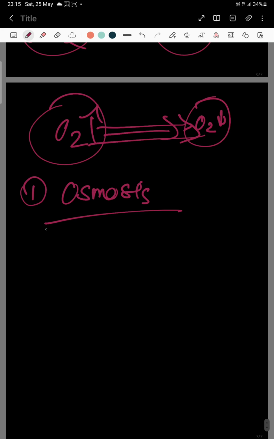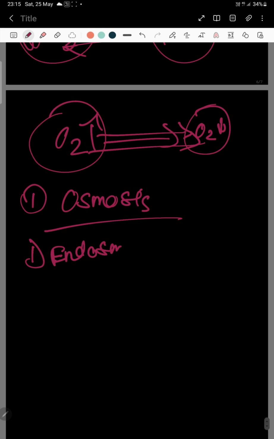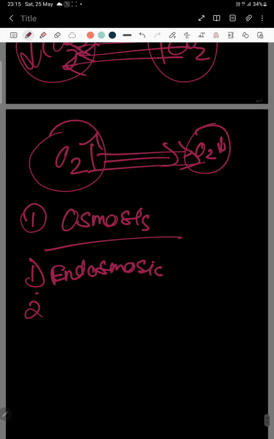So we have types of osmosis: endoosmosis and exoosmosis.